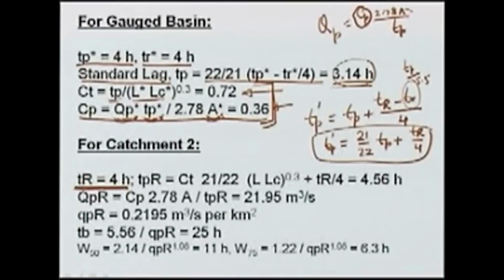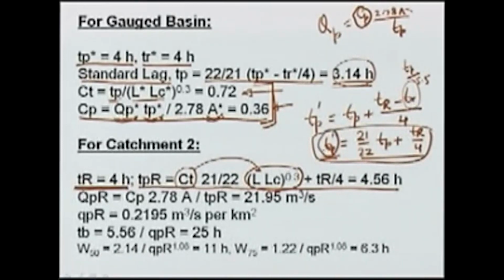This 4 hours again is not the standard duration as far as Snyder's definition is concerned. So, we can write this equation where Ct into (L Lc)^0.3 is the standard lag, t_p = t_pR + (tr - tR)/4, which should be equal to the basin lag for the corresponding rainfall of 4 hours.